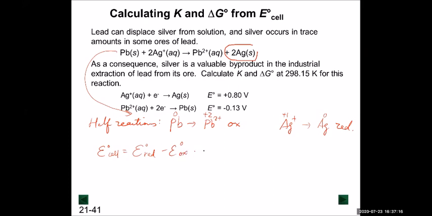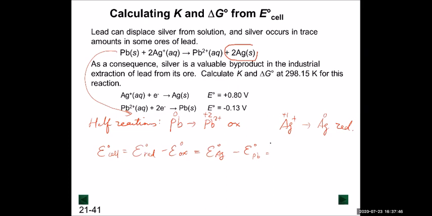The reduction half we decided is silver because the electrons are gained by silver. Silver is going through the reduction reaction. And the oxidation half is lead. Now we can just substitute those symbols with values.